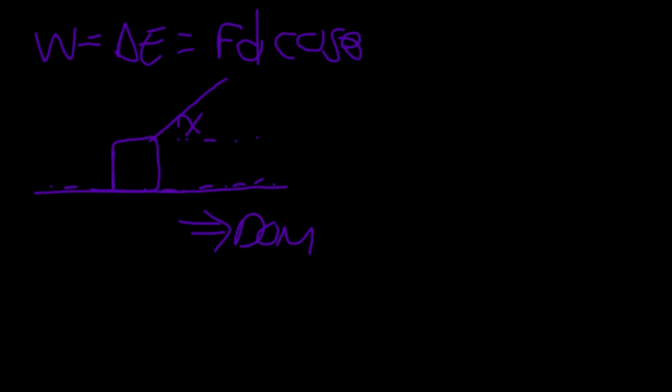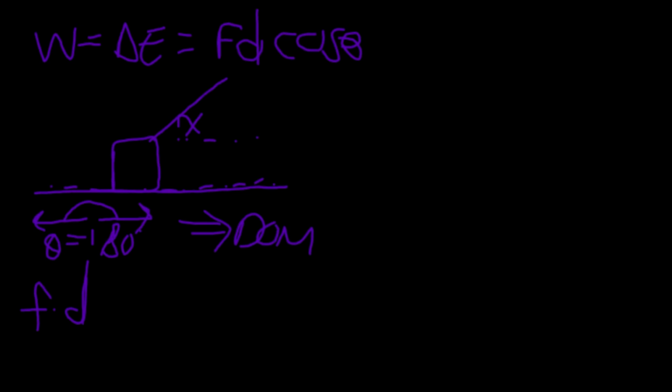Well, that is going to be the force of friction times the distance over which friction is acting, and we are not doing the cosine of x because friction is acting in this direction, the box is moving in this direction. The angle here, theta, equals 180 degrees.